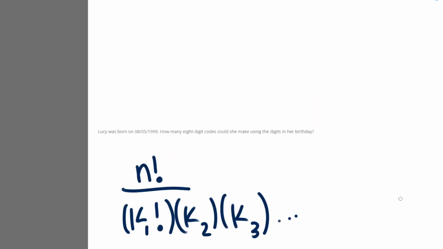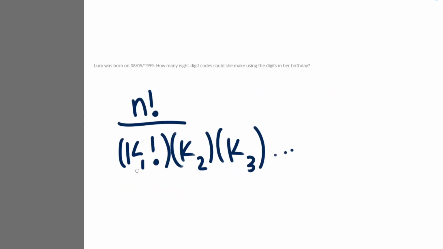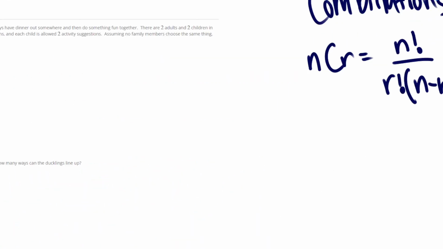We have 3 repeating 9s and 2 repeating 0s. The formula for permutations with repeated objects is n factorial over the factorials of the repeated elements. We'll get more into this when we address this problem.